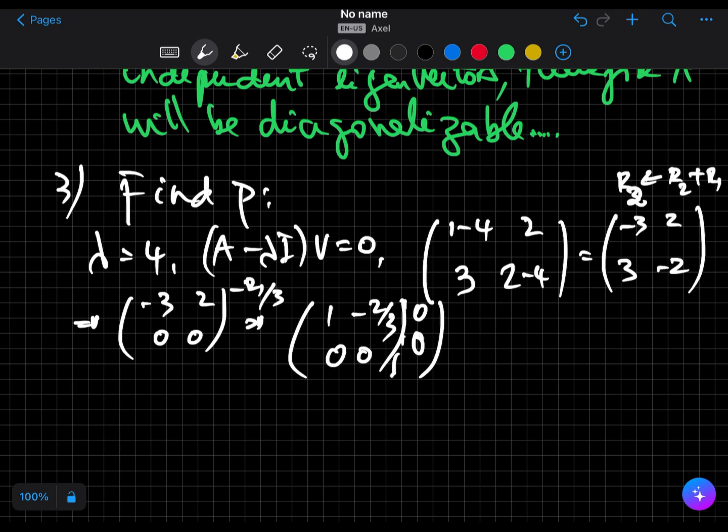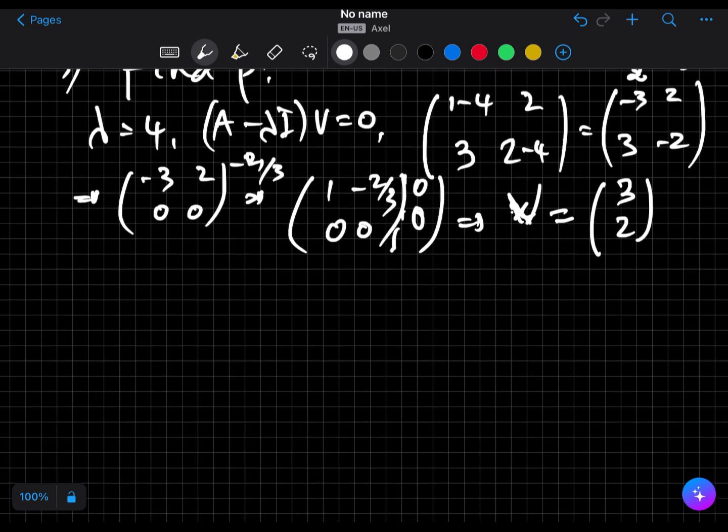So from this equation, I will have that the vector V will give me 3, 2. Now for lambda equal to minus 1, the matrix will be 2, 2, 3, 3, right?